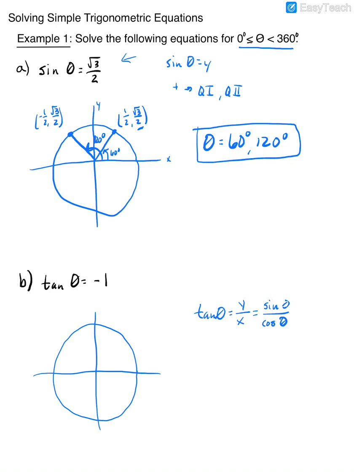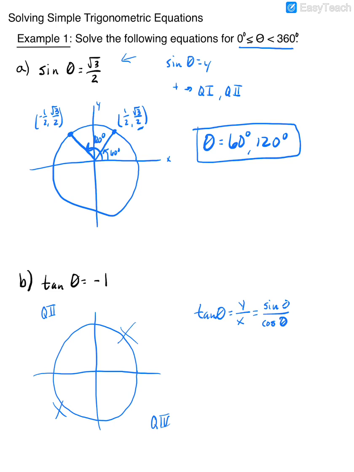Now, tangent is negative in the second and in the fourth. So I'm not going to worry about the first, and I'm not going to worry about the third, okay? Because tangent is positive there. So in the second, let's start there.